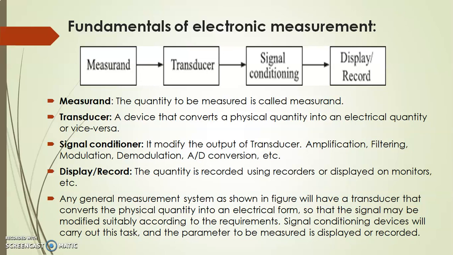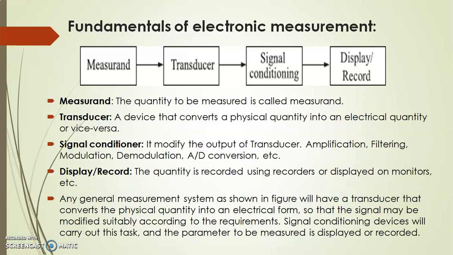Now, why is signal conditioning important? Because sometimes the output of the transducer is not in the proper form to display. That's why signal conditioning will modify the output of the transducer into the proper format. If the strength of the output of the transducer is low, then it will use the amplification circuit to amplify the signal.